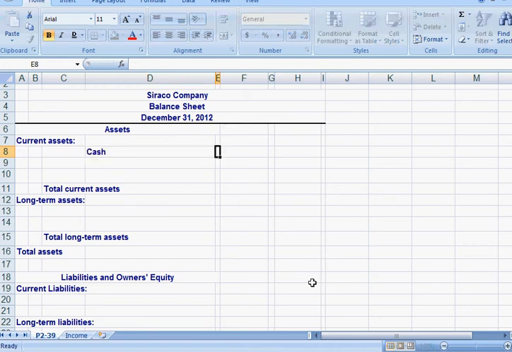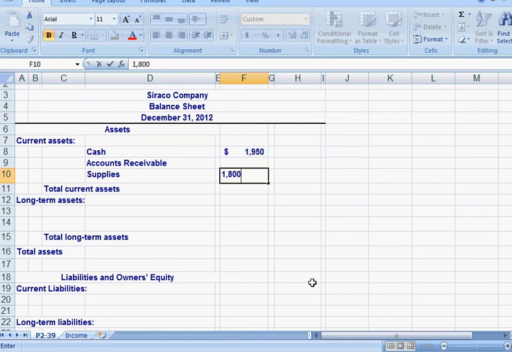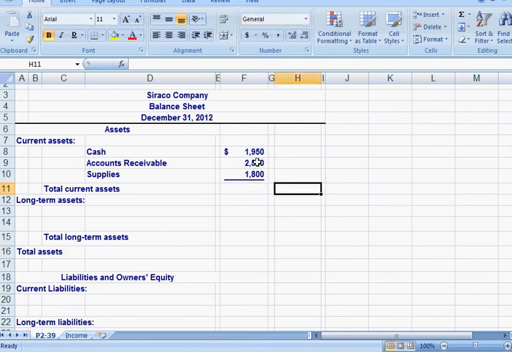So we're going to put cash of $1,950, accounts receivable of $2,500, and supplies of $1,800. For some reason I didn't get the $2,500 typed up there. So our total current assets are $6,250.